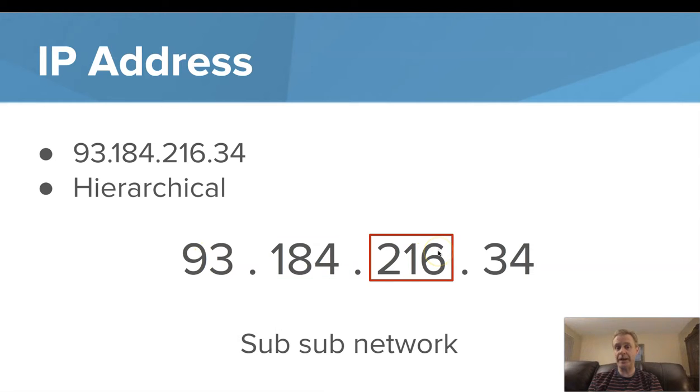The next number after that would be a sub-subnetwork, a subnetwork of this network here. This is getting closer to exactly where the device is located on the internet. Perhaps this sub-subnetwork just contains a certain number of devices that ultimately contain the device that this whole address represents.